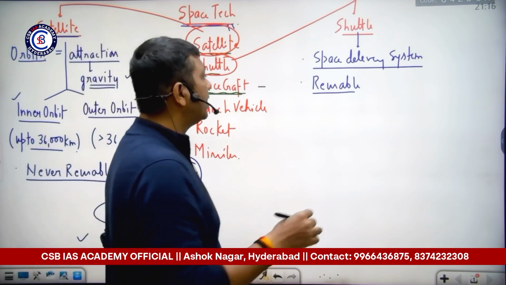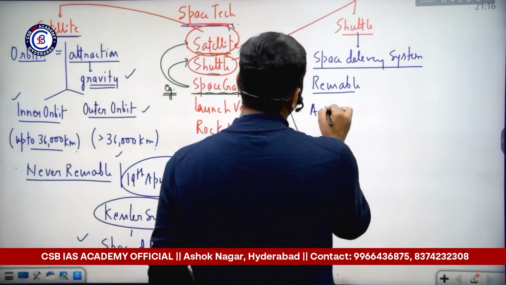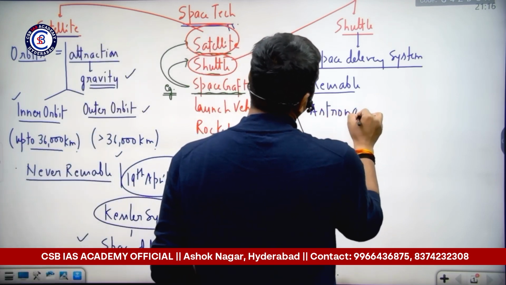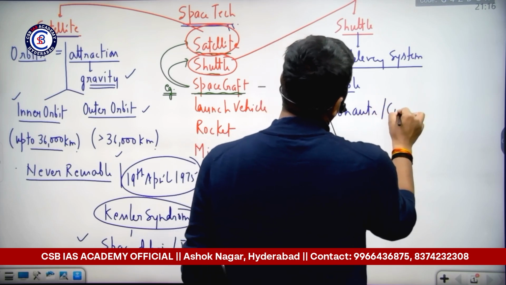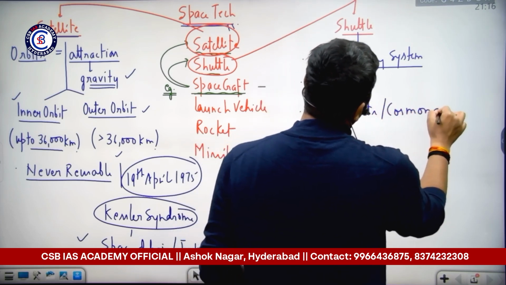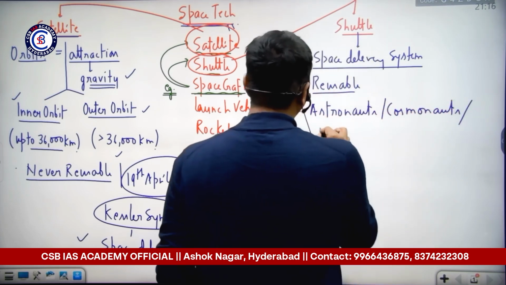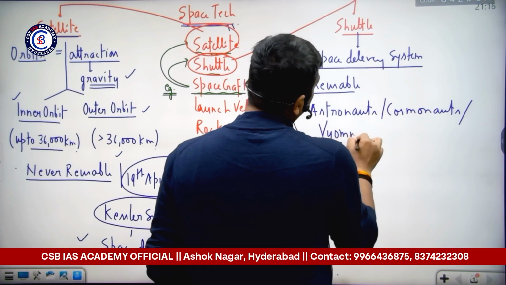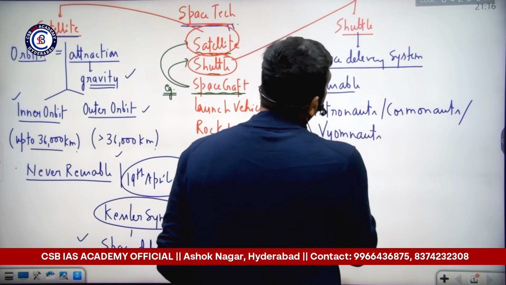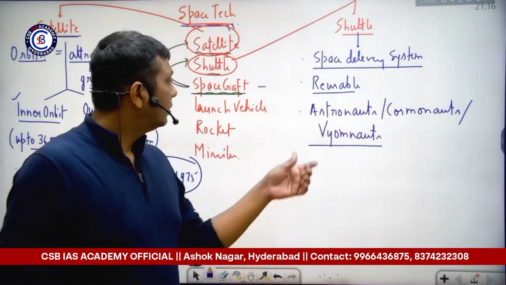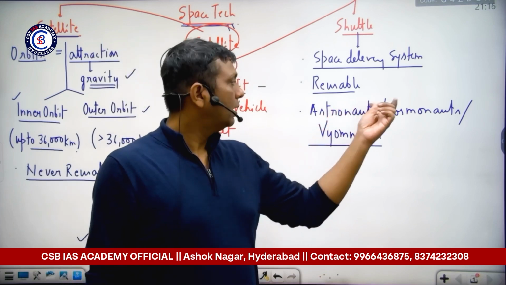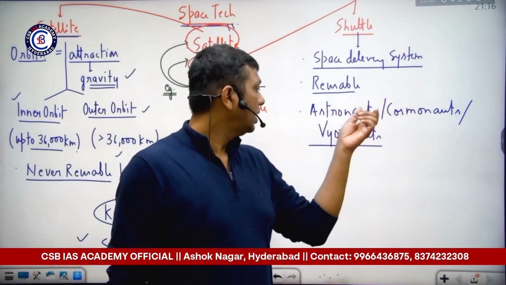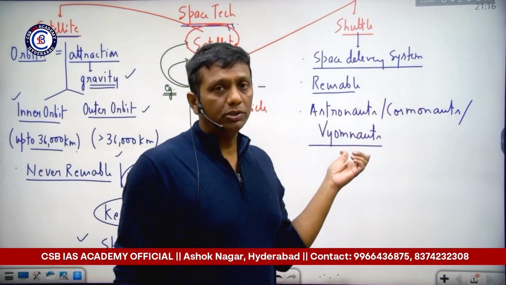In such a way, I can tell you guys, astronauts or cosmonauts, or you can use one of the Indian words called vyomnauts. Okay, they all have the same meaning. Worldwide, astronaut is the common name. Russians use the term cosmonaut, and India brought a new terminology called vyomnauts.